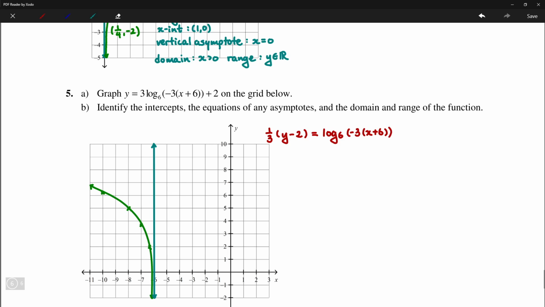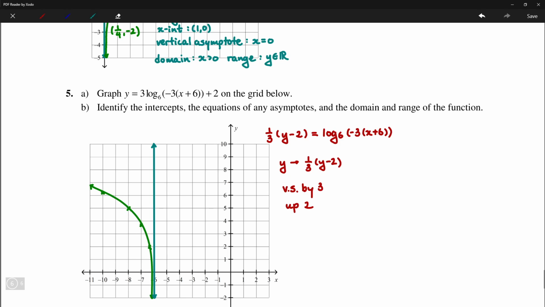Okay, so what this tells us is that the y variable started as y and became 1/3 (y minus 2), which means there was a vertical stretch by 3, and the graph was moved up 2 spaces.